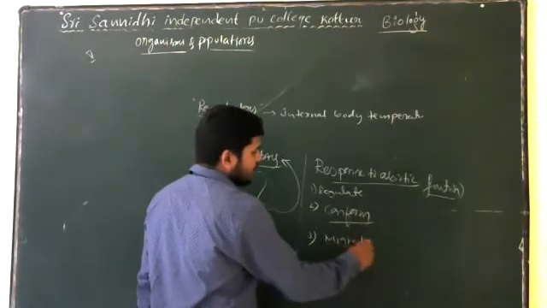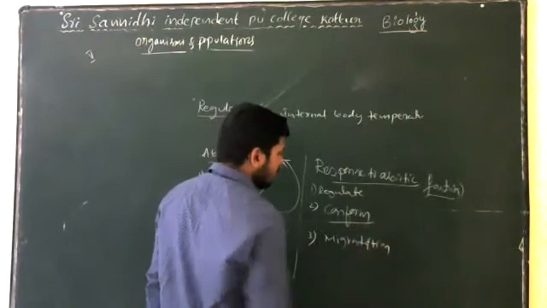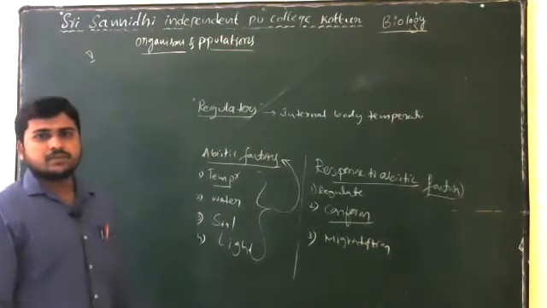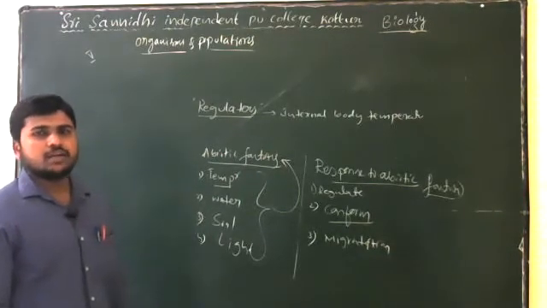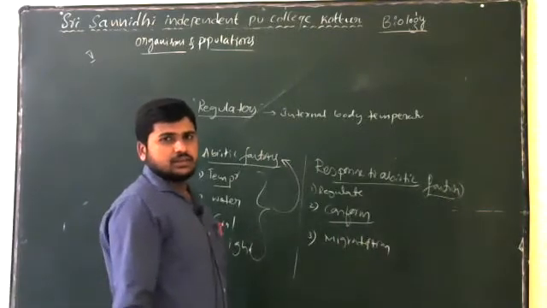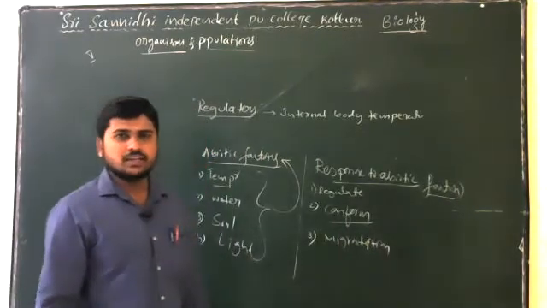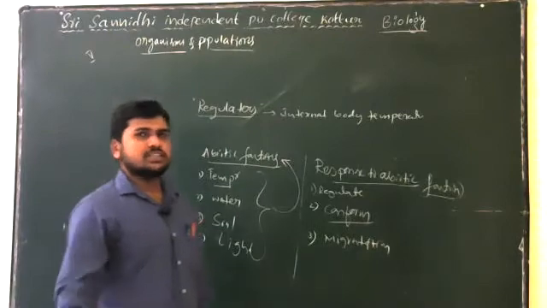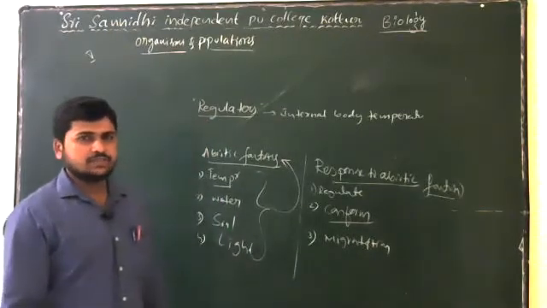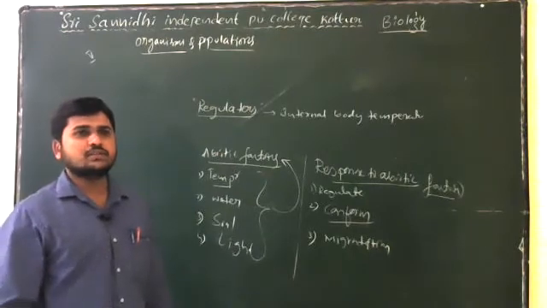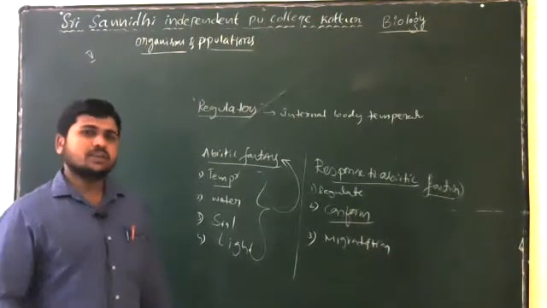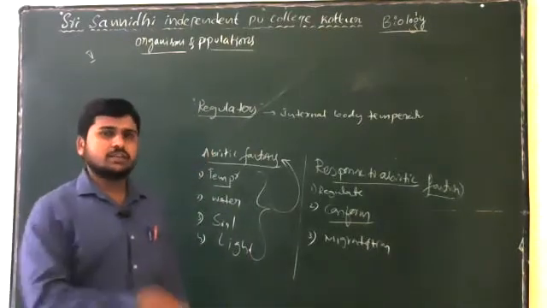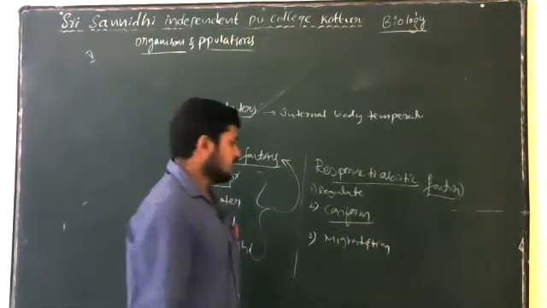Migration means the organisms leave their habitat temporarily whenever there is an unfavorable condition, when the habitat does not favor growth, development or survival temporarily during particular seasons. The organisms move to some other, more hospitable places, and after a certain time period, when the unfavorable condition is cleared, they return to their original habitat. Such a process is called migration.